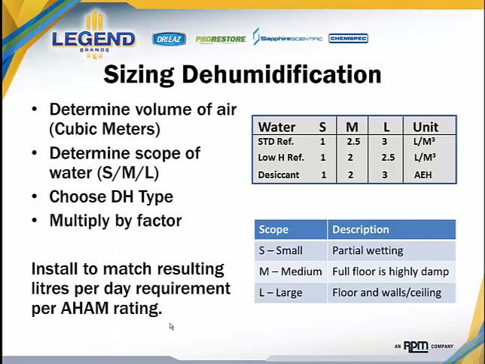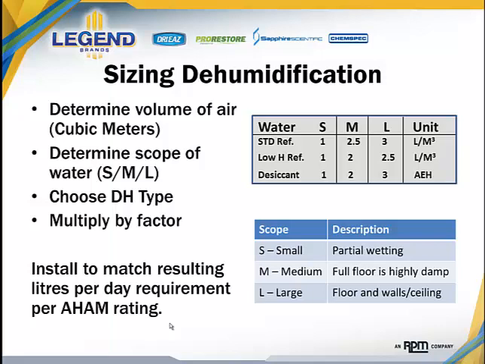Understanding the scope is critical to properly sizing dehumidification to the project, because it's the amount of evaporation, ultimately, that determines the amount of dehumidification needed. And obviously, in a room with substantially more wet surface, we're going to have more evaporation within that same environment.